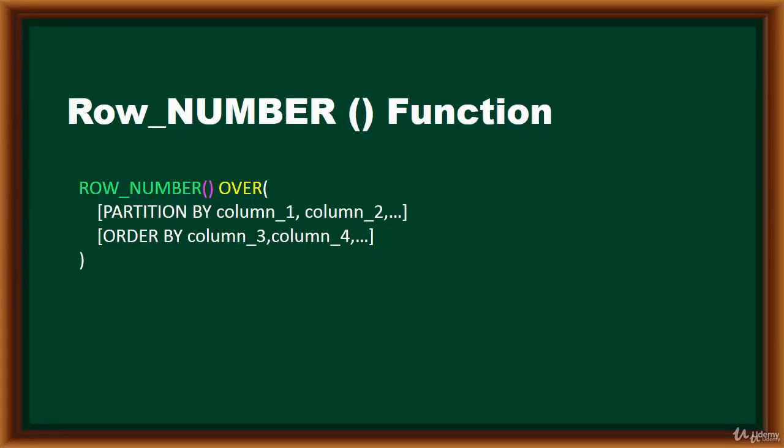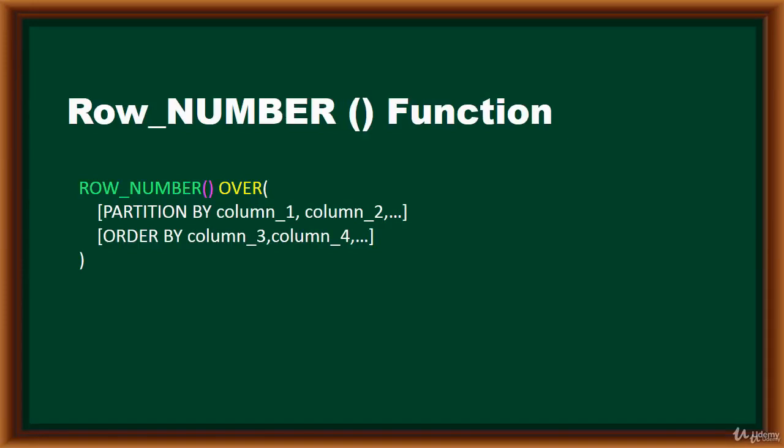So this is what the syntax looks like. It will use this syntax to assign integer values to each row in a result set. The set of rows that the row number function operates on is called a window.